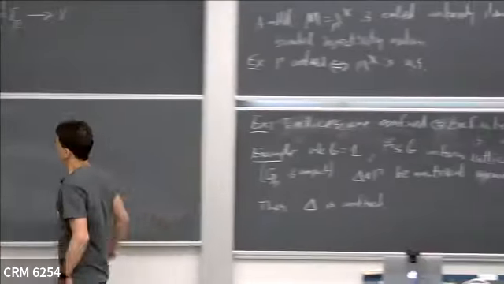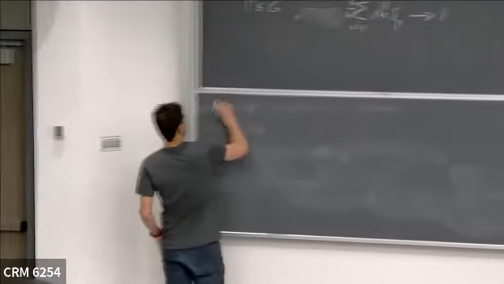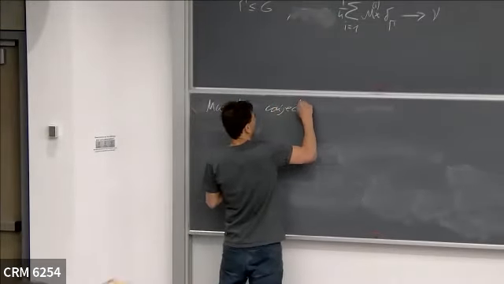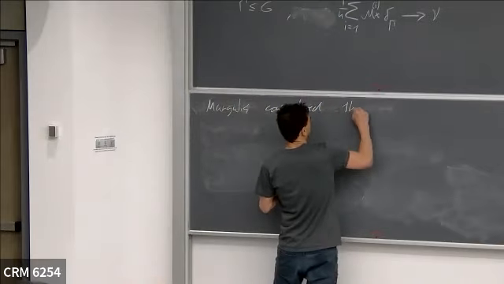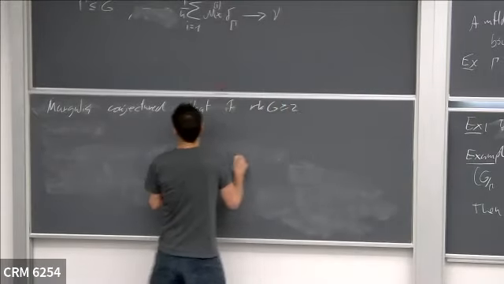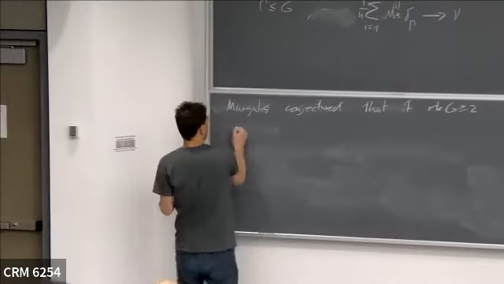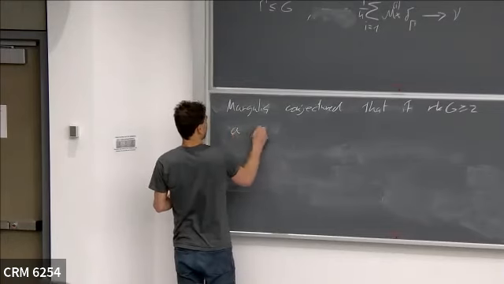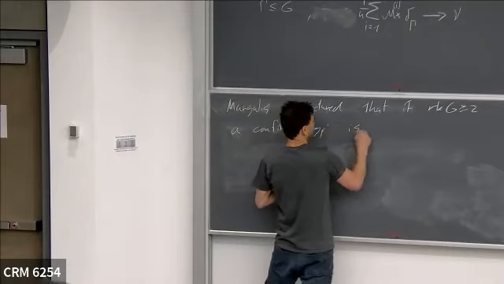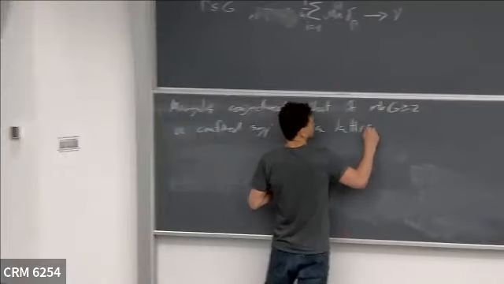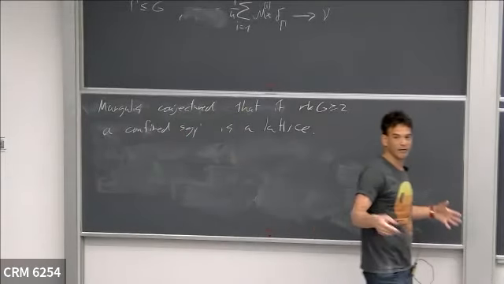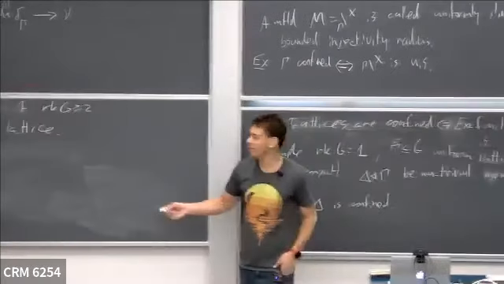The Margulis conjecture: if rank G is at least 2, then a confined subgroup is a lattice. So if you have a subgroup such that you have a compact set that intersects non-trivially every conjugate of it, it must be a lattice.